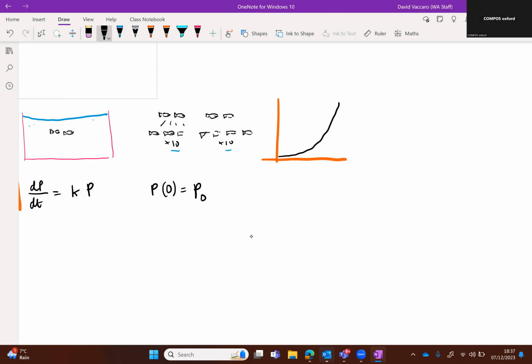So what I can introduce is an extra term, and I'll call it P minus P infinity. P infinity is the limiting population.